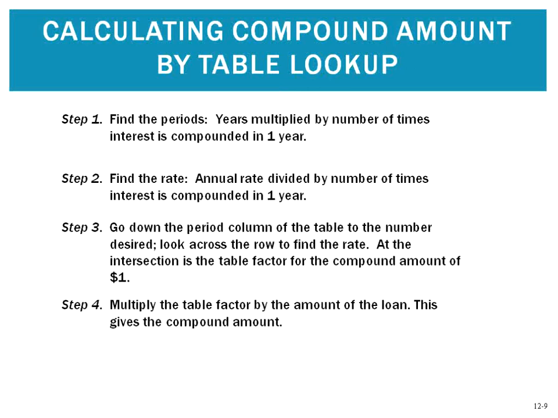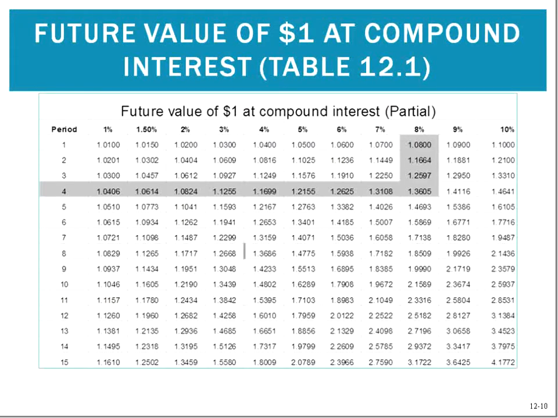Okay? And then step number 4, really easy, the loan that they gave you, the dollar amount, the principal, multiply that by the table factor, and this will give you the compound amount. Let's look at that. So they told us we had 4 periods at 8% for $80, right? So we go to 8%, we go to 4 periods, and we just make sure that they meet, and our table factor is 1.3605.